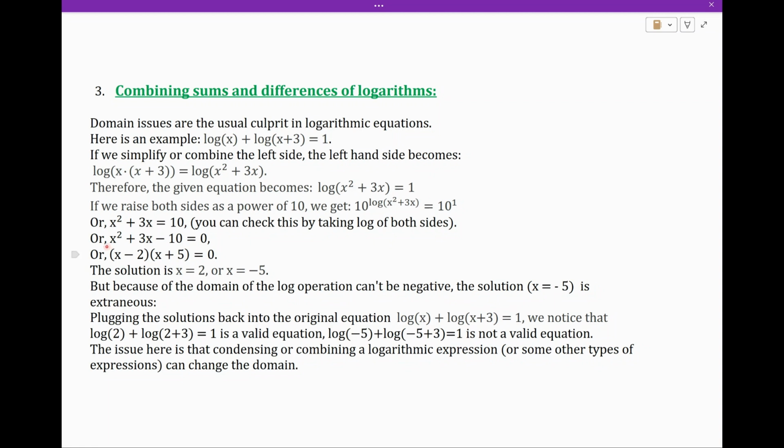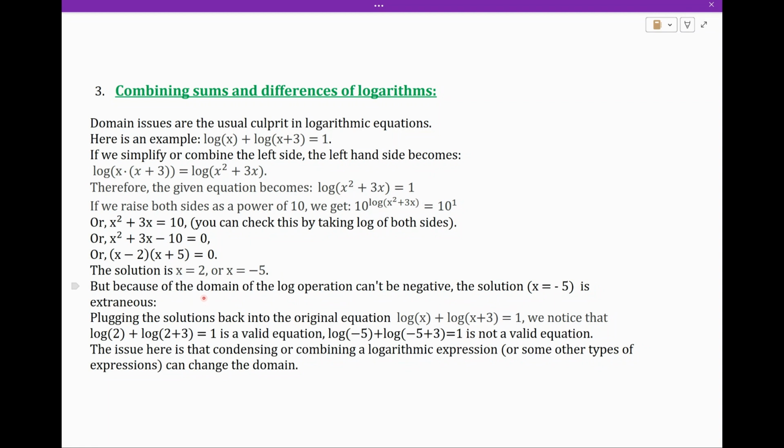Now x square plus 3x minus 10 is 0. If you factorize the left hand side, we get x minus 2 multiplied by x plus 5 is equal to 0. The solution is x is equal to 2 or x is equal to minus 5.